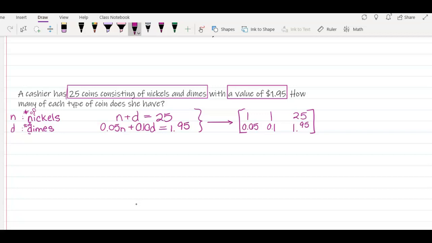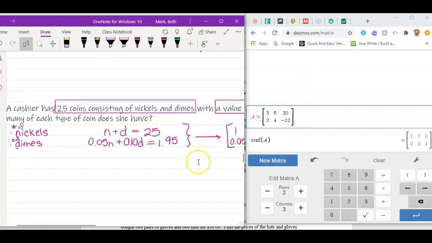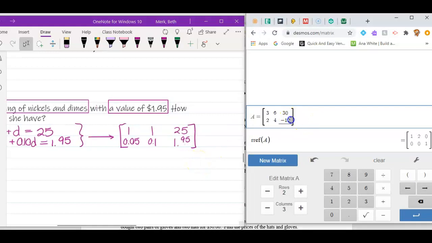Now we'll put this into our Desmos matrix calculator. 1, 1, 25, 0.05, 0.1, 1.95. And it tells me that I have 11 nickels and 14 dimes.